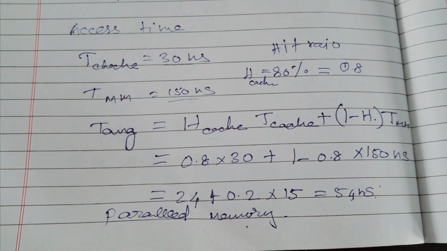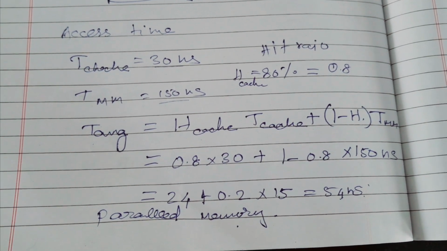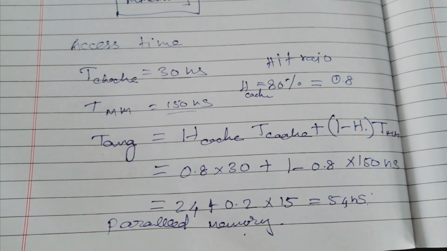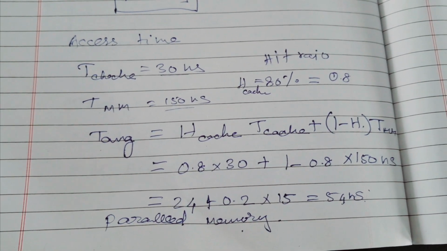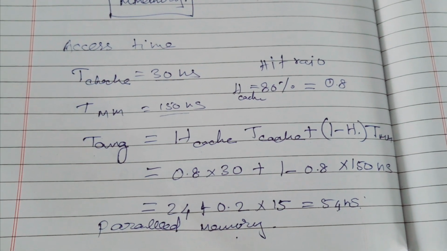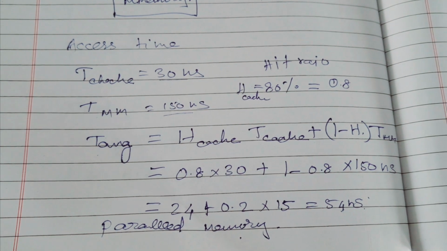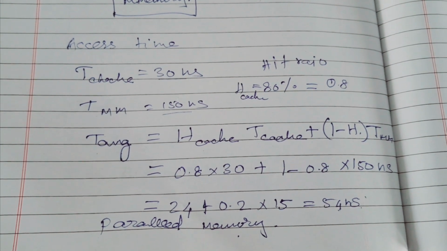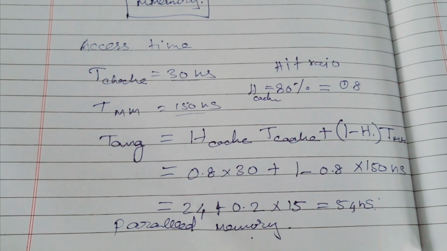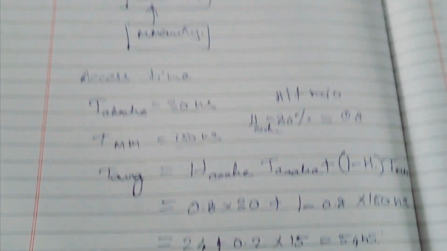So we apply this formula: average access time is equal to H cache times T cache, plus 1 minus H times the time of main memory, T MM, where MM means main memory. So we apply this formula: 0.8 times 30, plus 1 minus 0.8 times 150 nanoseconds. So we calculate 54 nanoseconds, which is the parallel memory method.